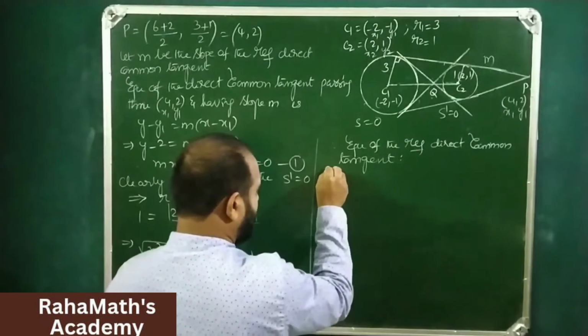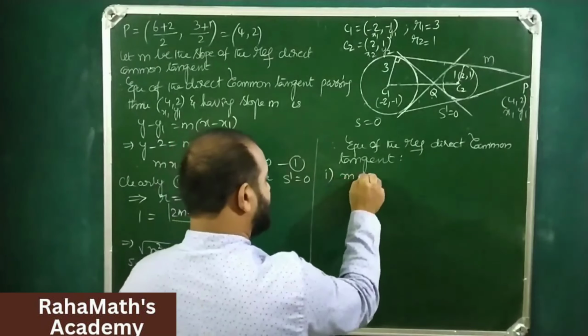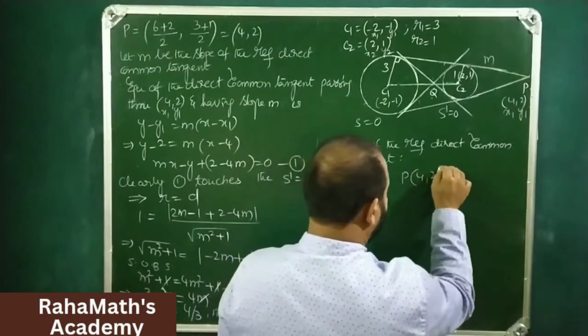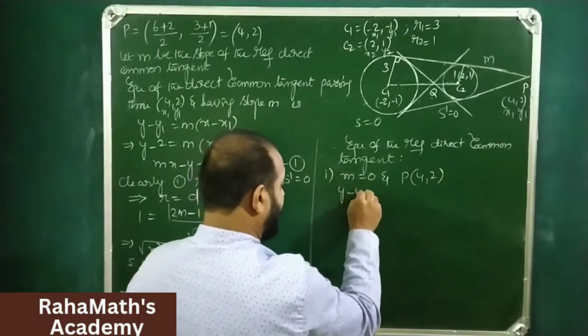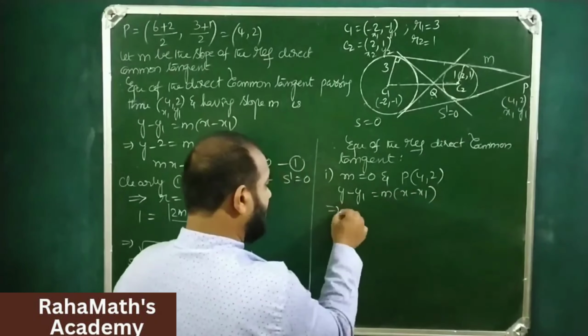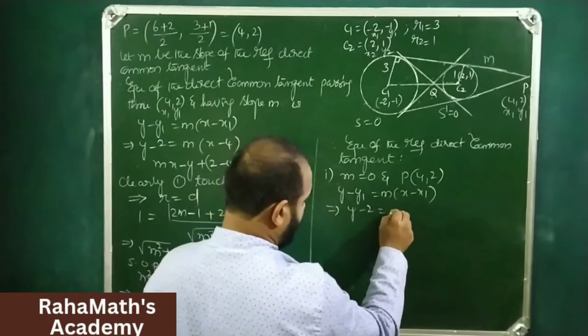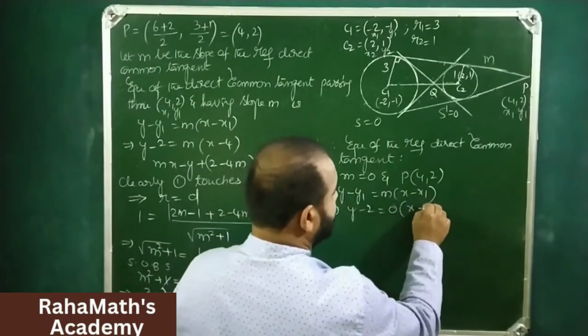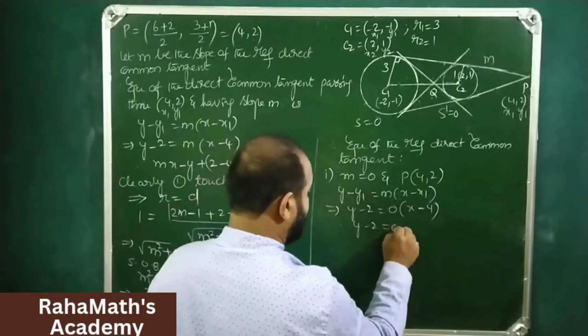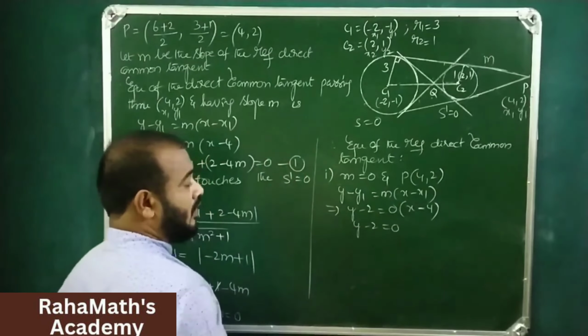Case 1, having slope m equals 0 and passing through P 4, 2: y minus y1 equals m into x minus x1. So y minus 2 equals 0 into x minus 4. Therefore, y minus 2 equals 0. This is one line.